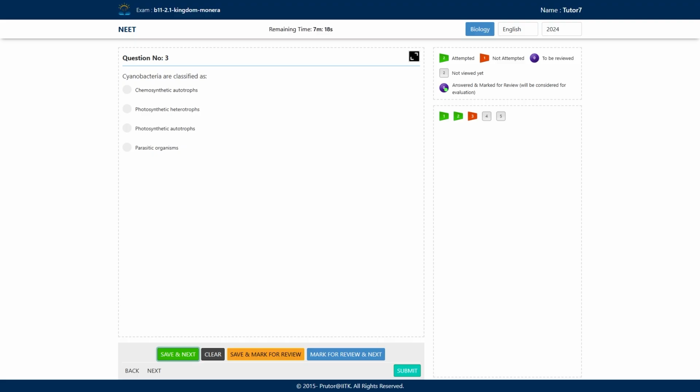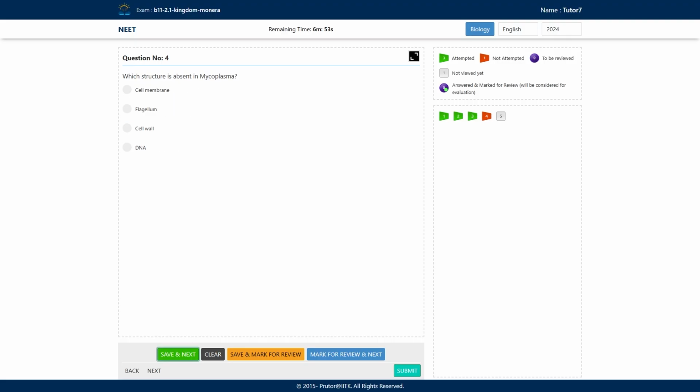Autotrophs can be of two types, photosynthetic or chemosynthetic. Heterotrophs can be of two types, parasitic or saprophytic. Cyanobacteria consist of chlorophyll A, which is quite similar to the chlorophyll A of the green plant. So the answer should be that they are photosynthetic autotrophs.